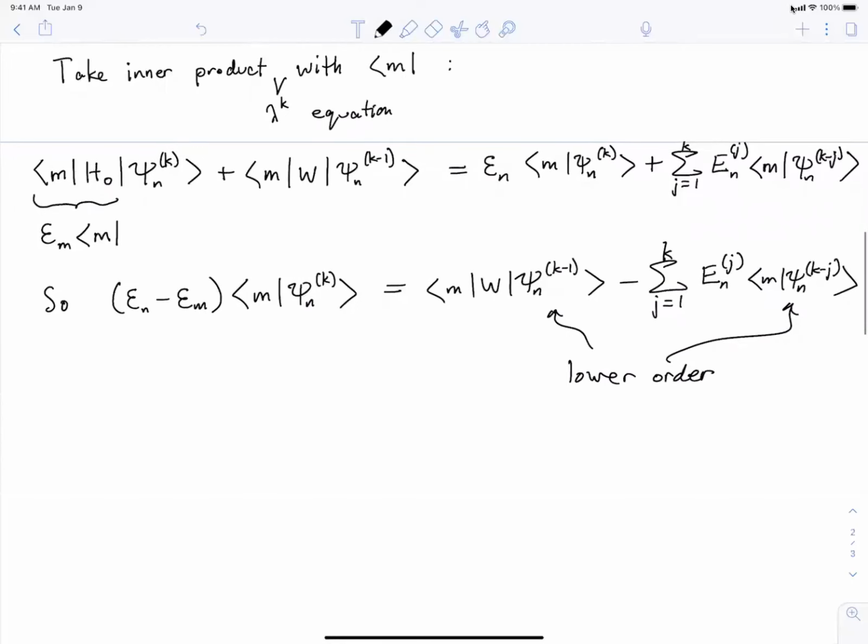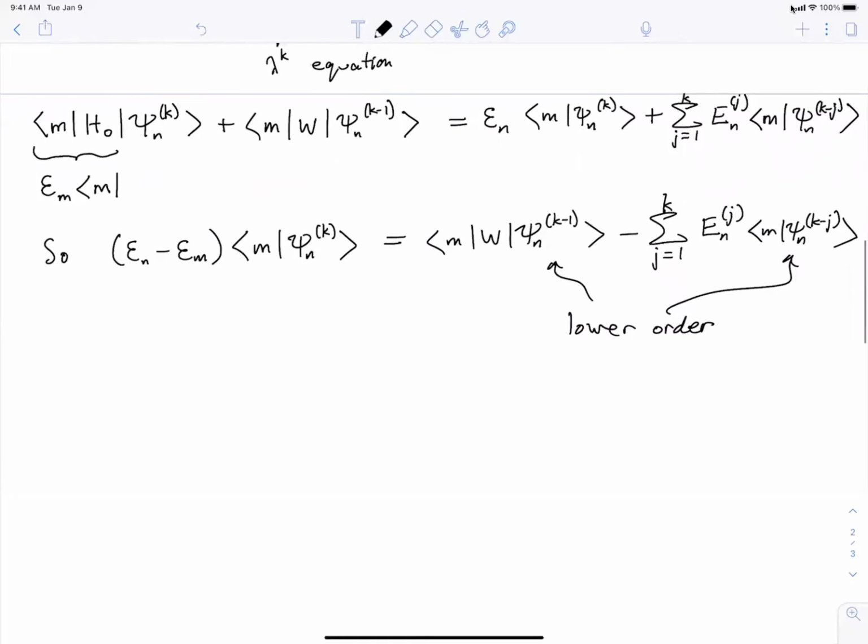And so what that means is you can do this iteratively. If you've got the first order, you can get the second order. If you've got the second order, you can get the third order, and keep going until you're satisfied that you've done as well as you can do without going crazy. Okay, so we can solve this iteratively.